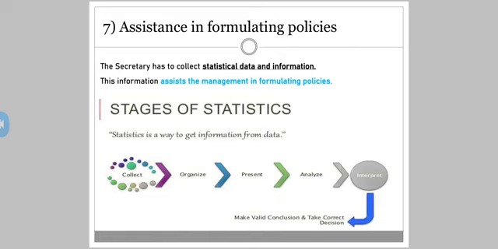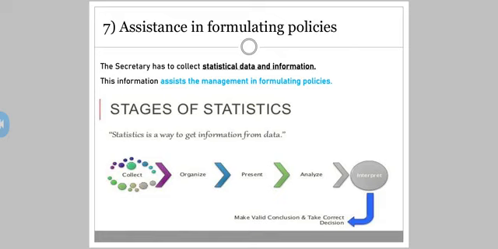Now see, for an example, there are the stages of statistics. Statistics is a way to get information from the data. Let's say you have collected some data. Now you organize that data and present it in a bar chart or a graph, like this is the sales for the particular year, and then that data is analyzed.